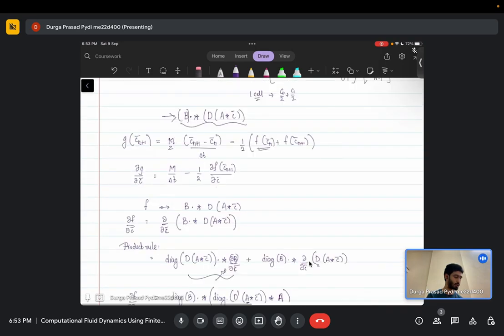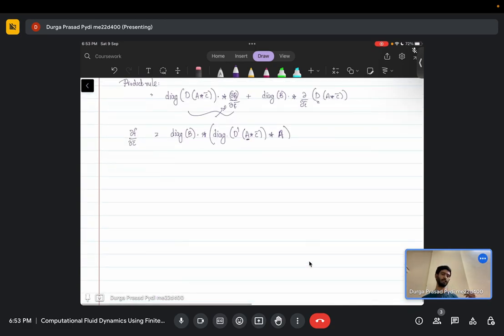Now you know the value of this and this, so if you substitute back you can get the value of del F by del C bar. This will be your Jacobian matrix. From here it will again be straightforward. Once you know the Jacobian matrix, the equation will be something like del times del C bar equal to Z, and you solve this equation.